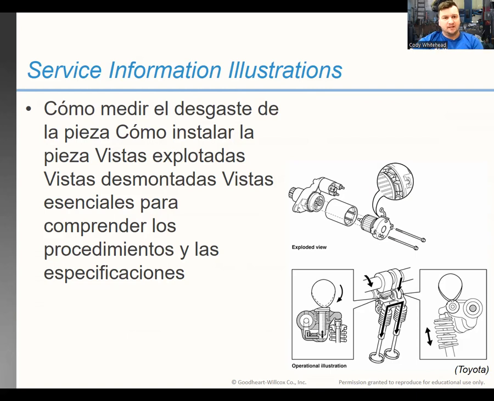So you can see the pictures to the right, it shows you a lot of information. It shows you the insides, how things work, which way it's turning, things like that to help you understand how it's working. That way it will help you diagnose an issue. If you understand how it works, you can understand why it's not working pretty much.